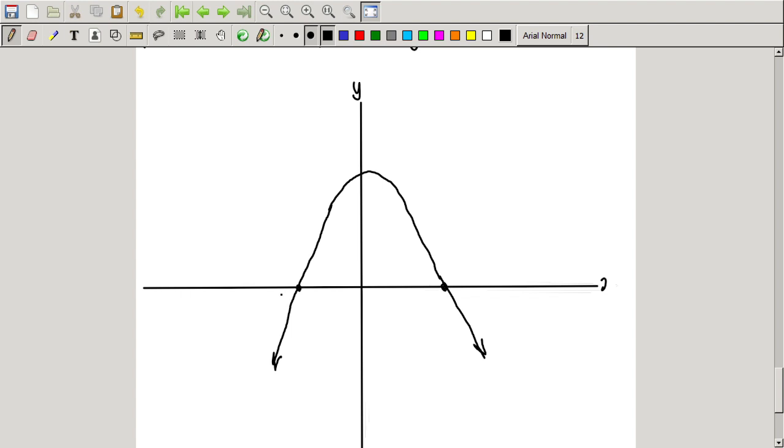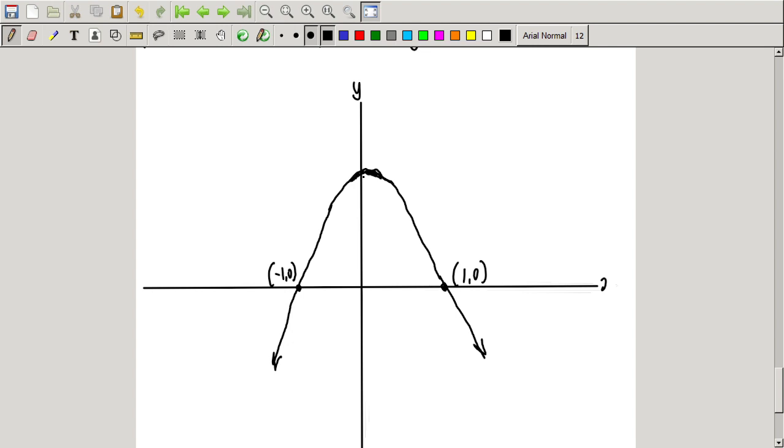Here's at -1. Okay, let me write it in coordinate form. It's -1 and 0. Here it's 1 and 0. Here's the turning point, but it doesn't look like 1. But let me try to make it look like 1.